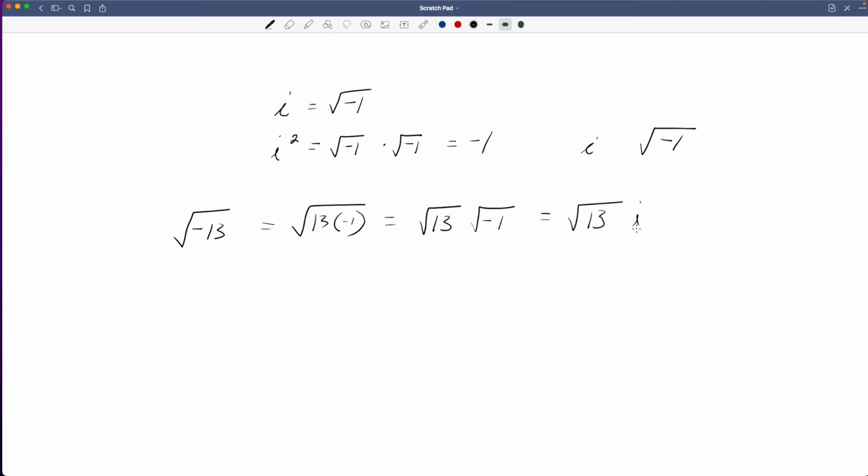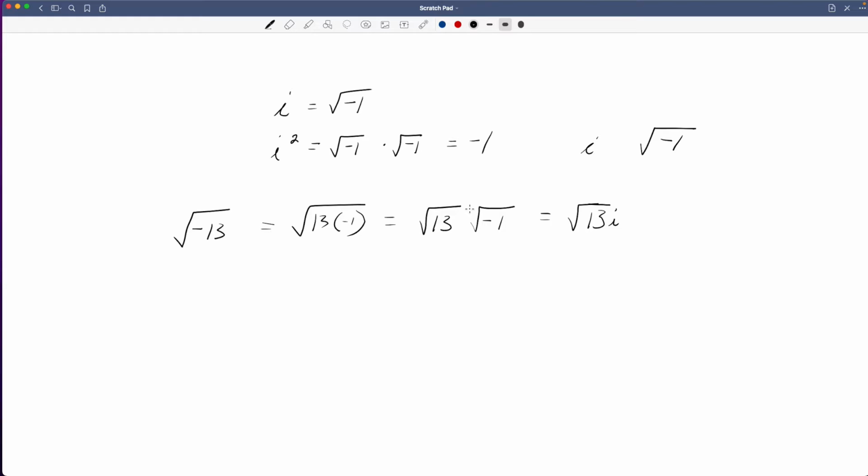And that i, note, is on the outside of the radical. It's not underneath. That is the correct way to write it. So whenever you're typing something in Jupyter, don't do it like this. That's incorrect. You really need to do it like this. Make sure it's not under the radical whenever you type that in.